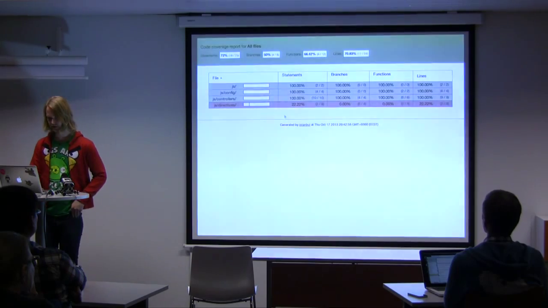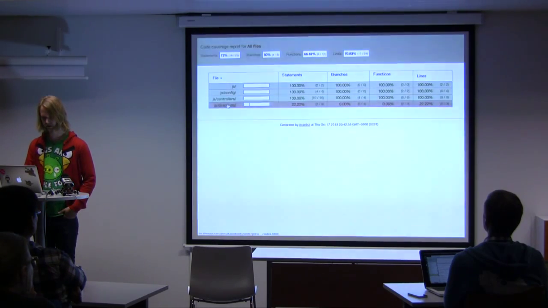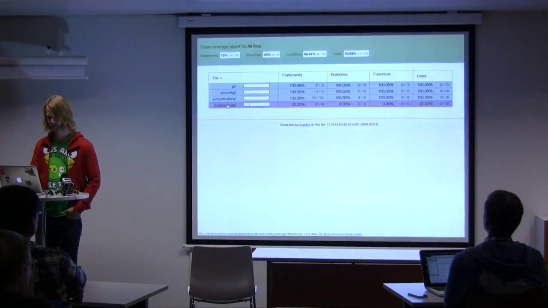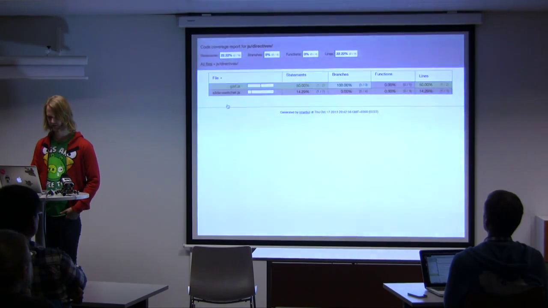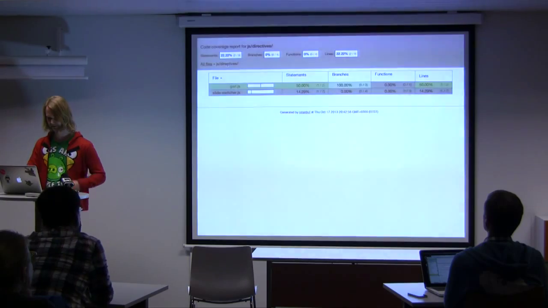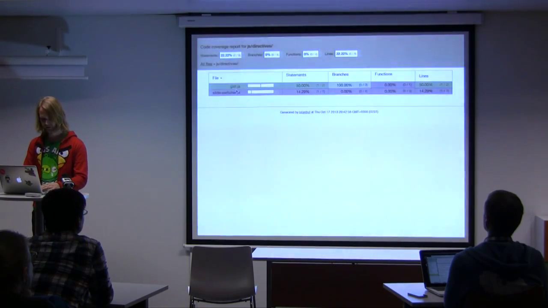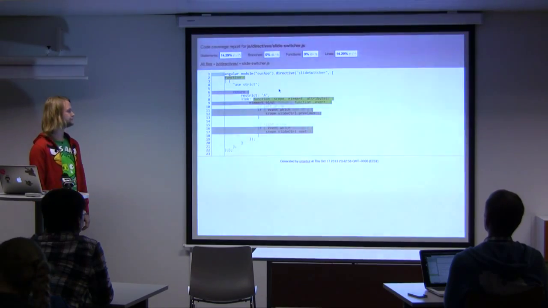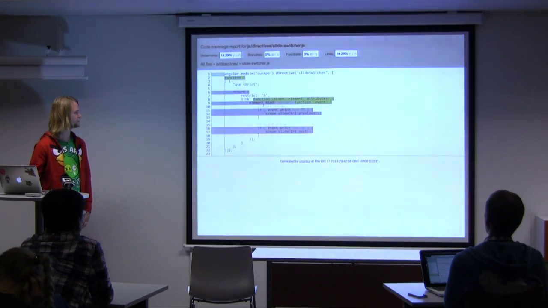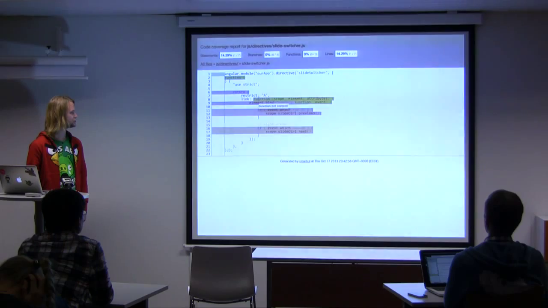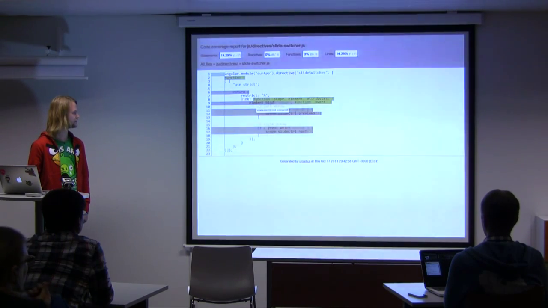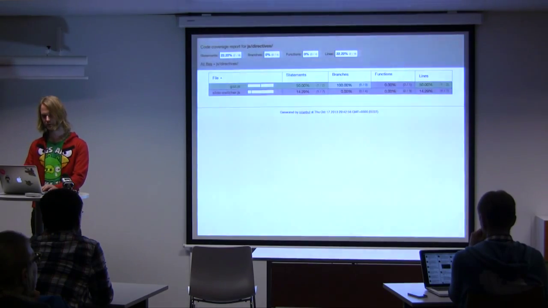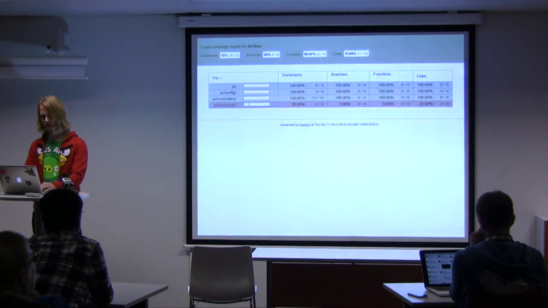So we can see here that I've been lazy and I didn't write end-to-end tests, so everything else is tested except the directives. Oh, yeah, and you can even see it line by line, like here we have a function that's not covered, here we have a statement that's not covered, and stuff like this. I recommend that you try it out.